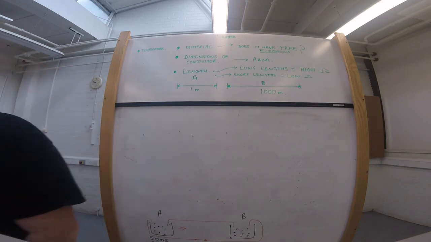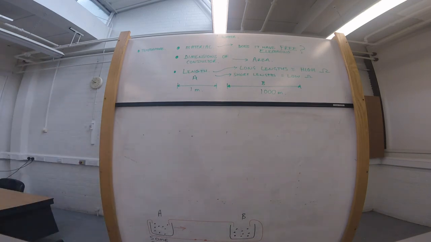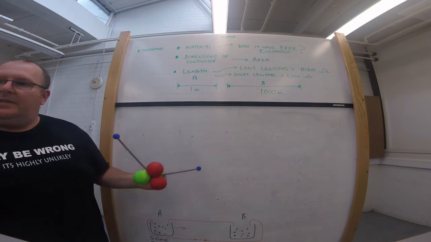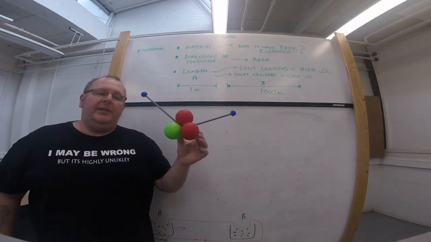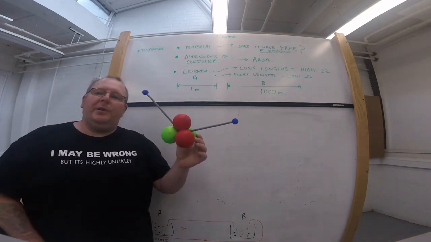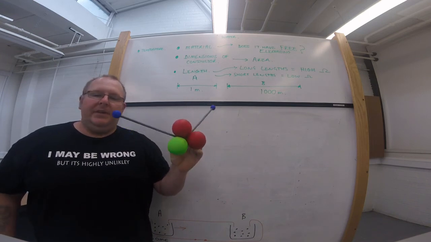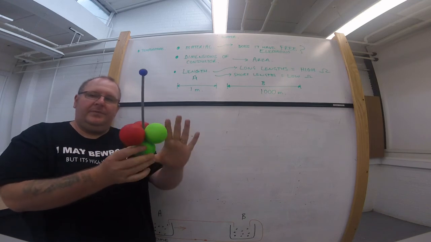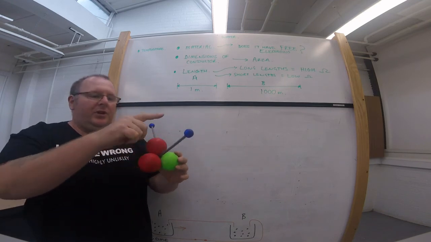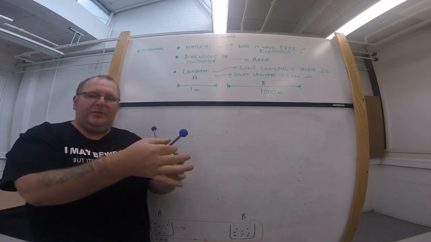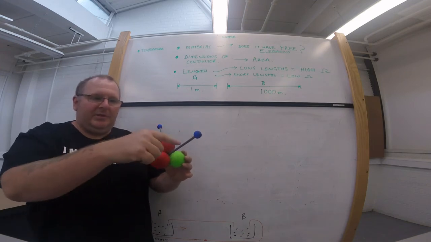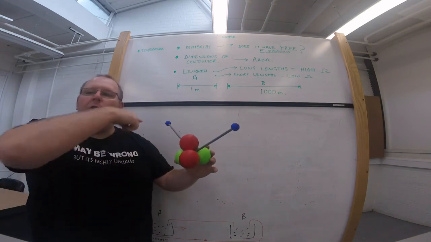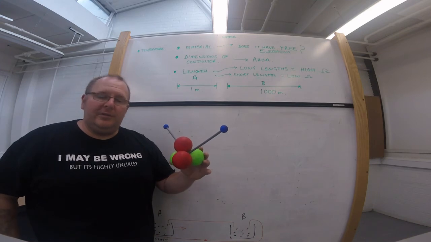Here's a model of a helium atom. I was going to draw a picture of an atom, but it's better to show you. So, nucleus consisting of protons, neutrons, and we've got a couple of electrons. There's obviously no sticks. The sticks are just to show you that the electrons are in orbit around the nucleus.